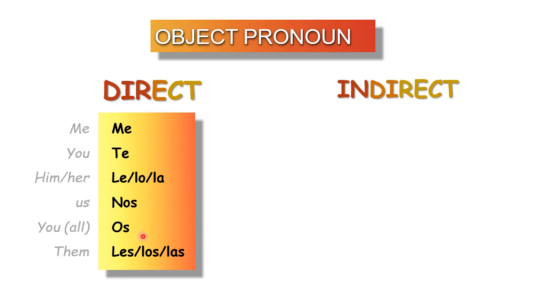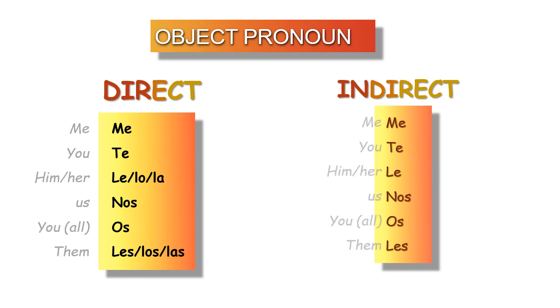Nos, os, or in plural, les, los, las. And the indirect object answers to whom or for whom the action is done. The pronouns are me, te, le, nos, os, les. Notice that for him or her is just le and for them is les. But again, we will see this later.